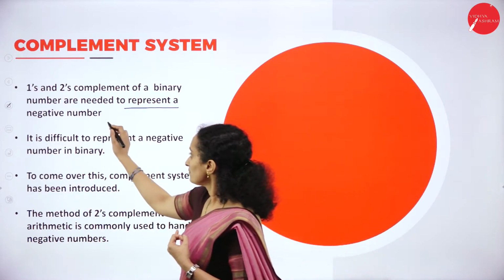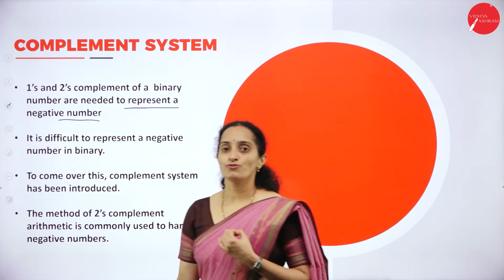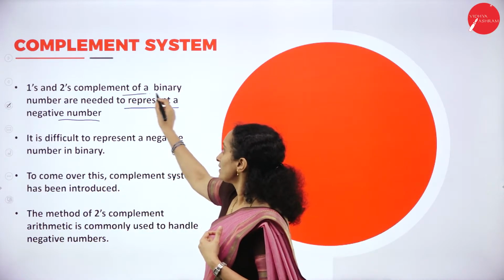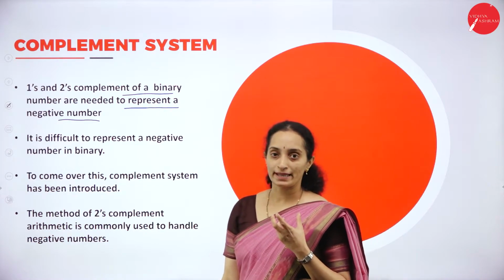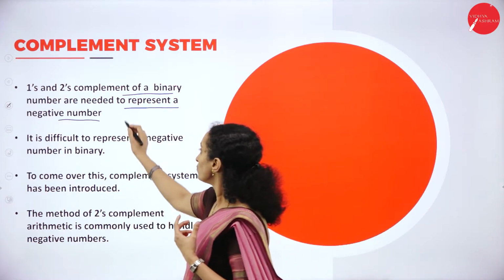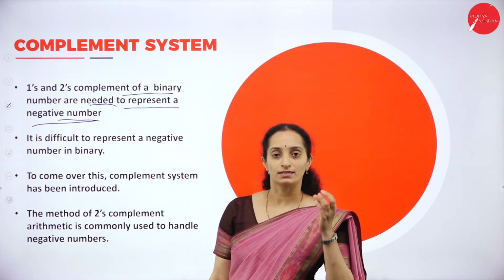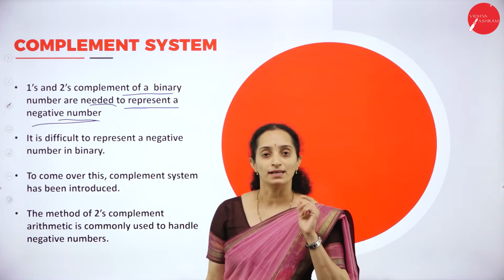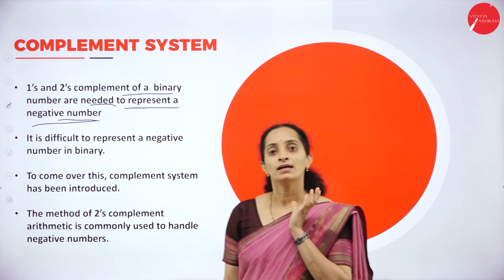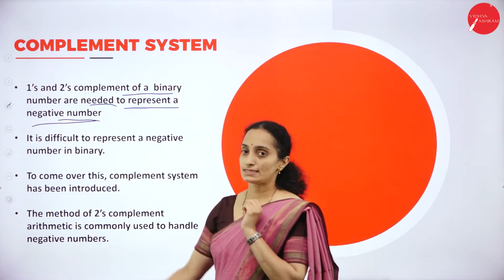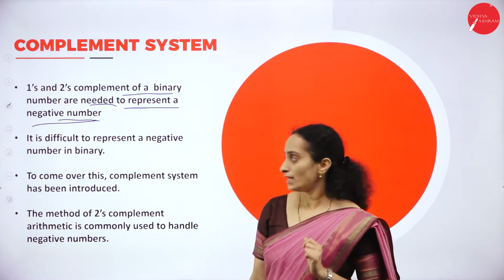The use of a complement system is that 1's and 2's complement of a binary number are used to represent a negative number, which in decimal is written with a sign. A negative number is represented using the complement system in a binary number.